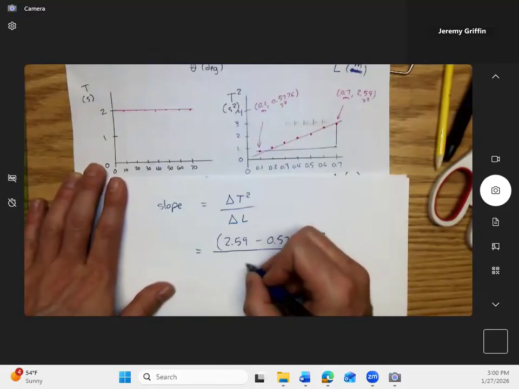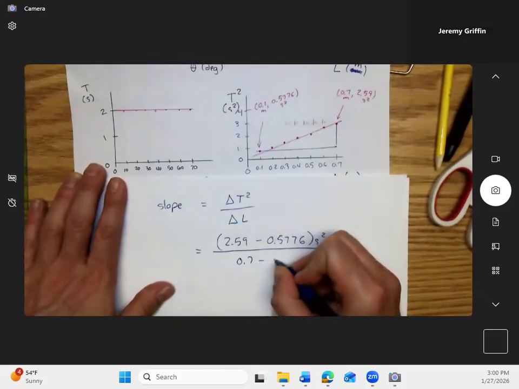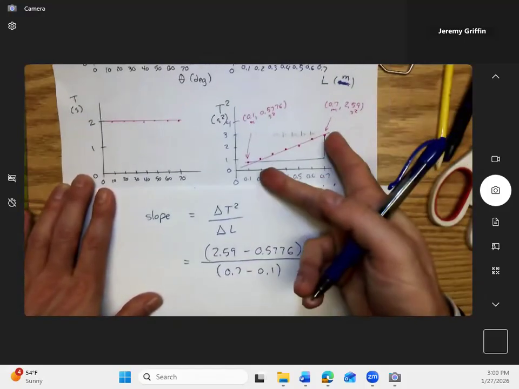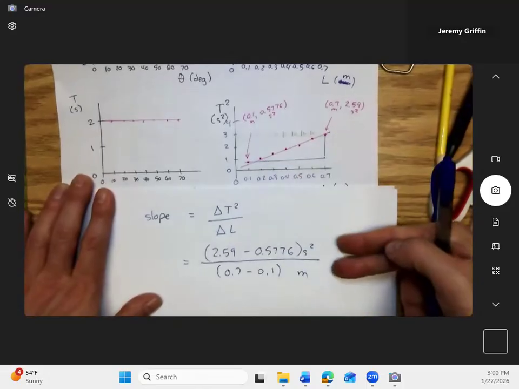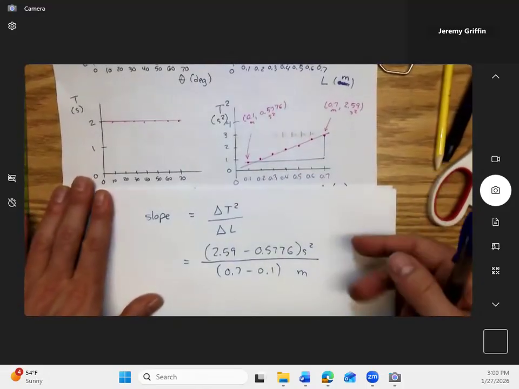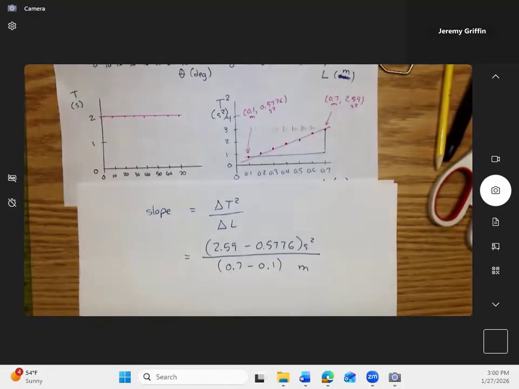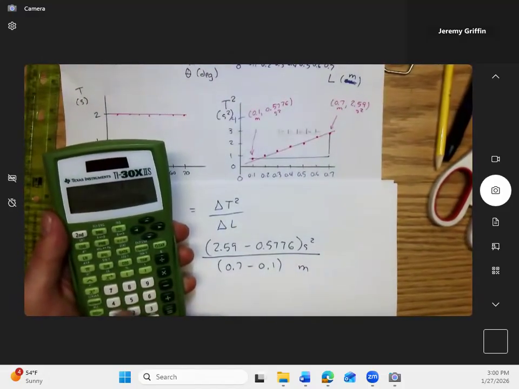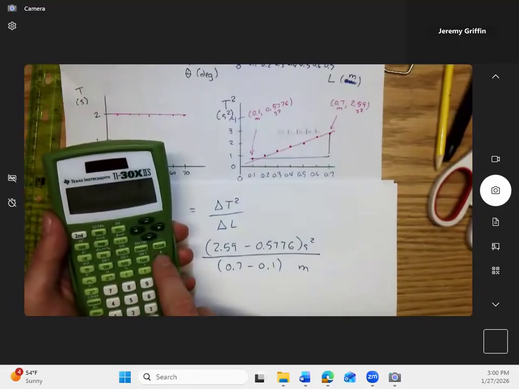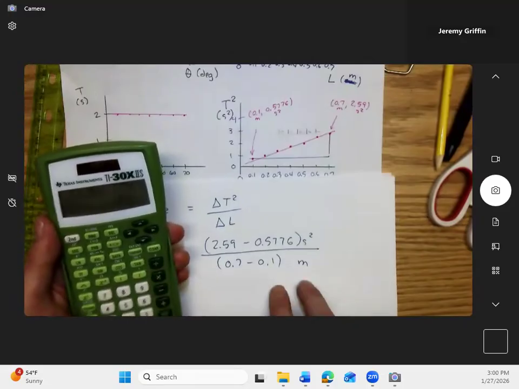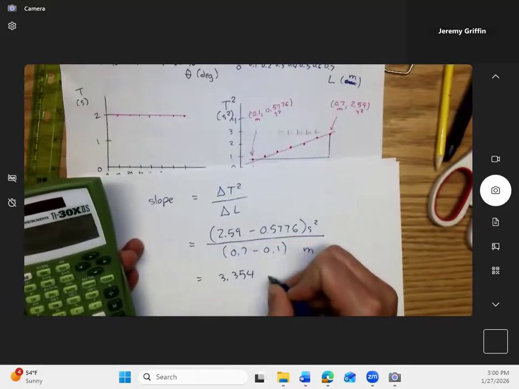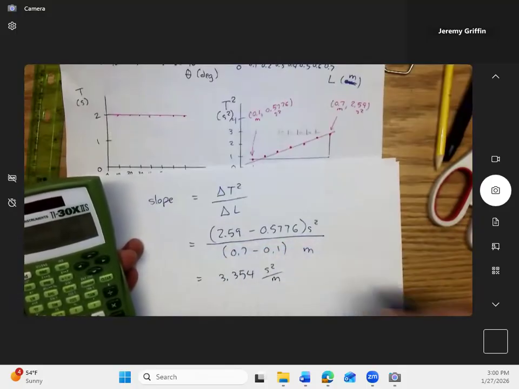And the run is 0.7 minus 0.1, and that would be meters. So I just took these two coordinates, change of y over change in x. Like I said, you guys look. See what number this is. So 2.59 minus 0.577 over 0.6. I'm looking at 3.35 something. That's square seconds per meter.